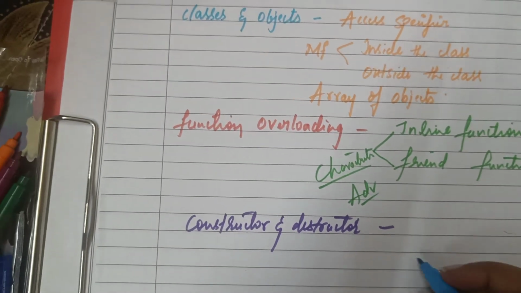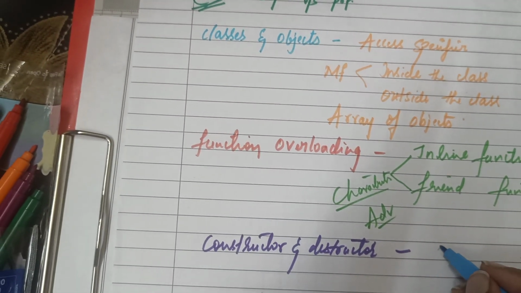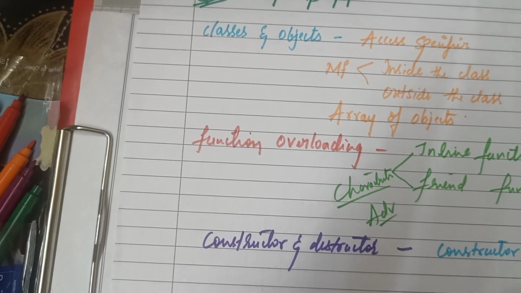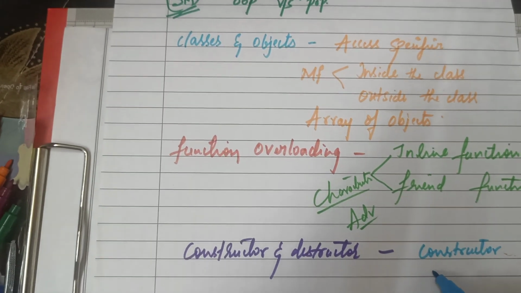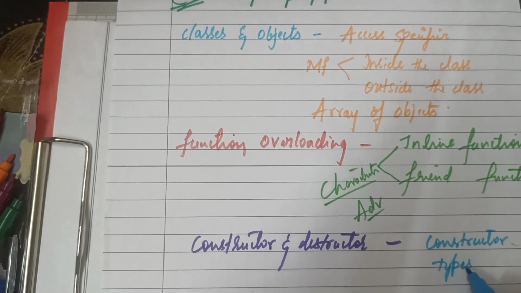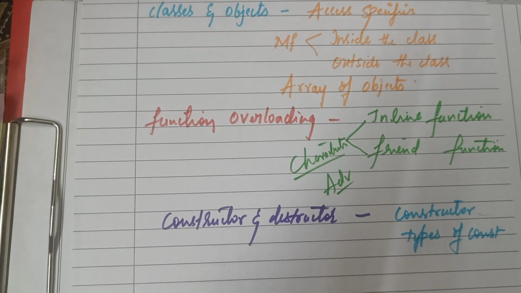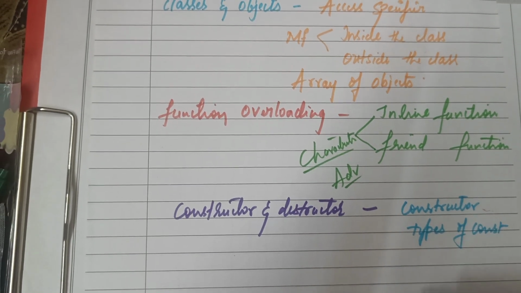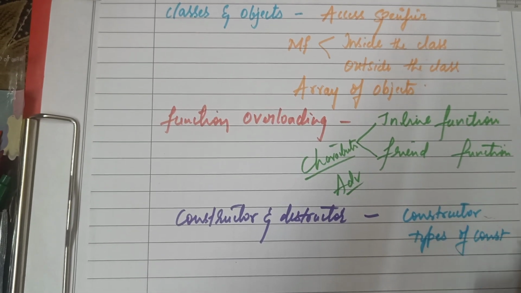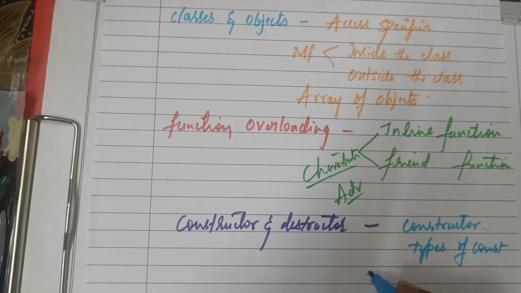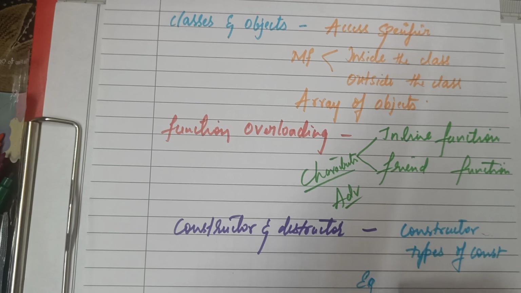The first question is what is a constructor. This is a very important question, and you have to know the types of constructor. There are three main types of constructor: parameterized constructor, default constructor, and copy constructor. You have to know the example programs.